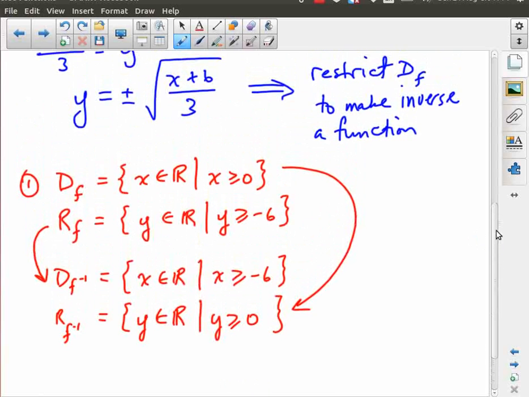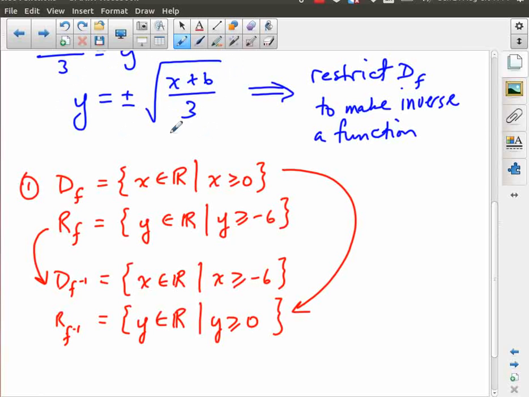If you think this through, this is saying my y value is greater than or equal to 0. So how does that translate to my original expression? Which of these corresponds to a y value greater than or equal to 0? Your first instinct is probably to say the plus. And another way to reason this through is that the result of a square root is going to be positive. And so, yes, it is in fact the plus, because this will be positive, and we want a positive and a positive.